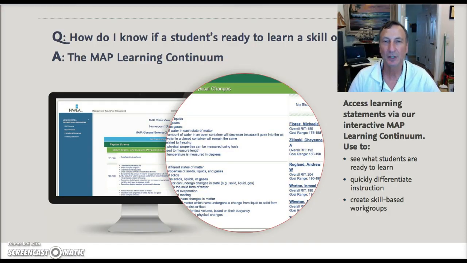Next, we can use the MAP Learning Continuum as a tool to assess the learning statements via the interactive MAP Continuum.